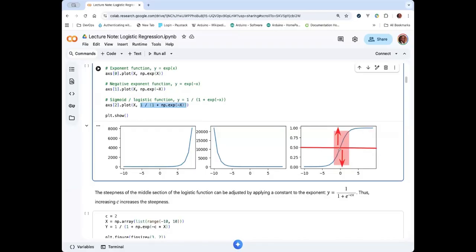Of course, this threshold normally would be at a value of x being equal to 0, or the value of z being equal to 0. But sometimes you can apply a left or right shift, which I'm not going to go into for now. So that's a logistic function, and that's how it looks.